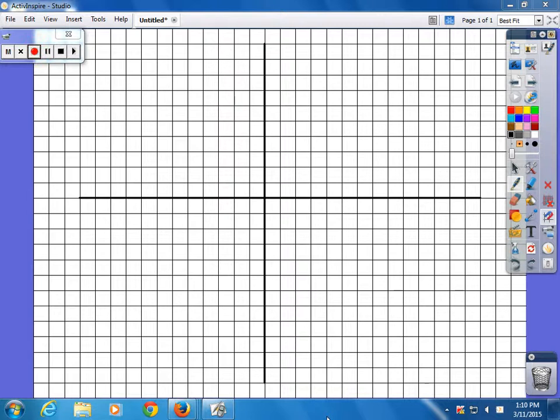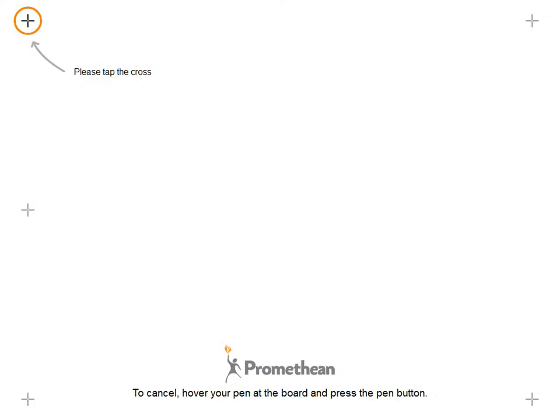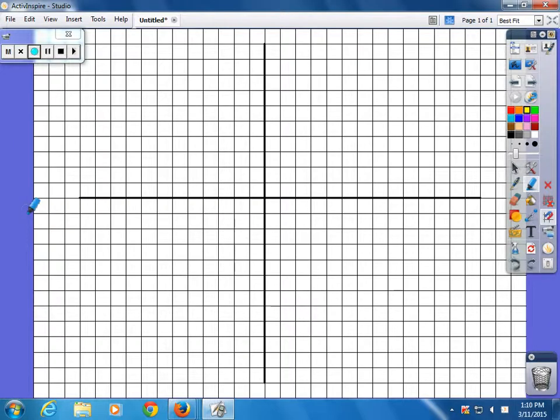The next room does not have a single stylus in it. Got a stylus Nazi. Now we've got a volume Nazi and we've got a stylus Nazi. They take the volume knob off the speakers and they turn all the computers on silent. So whenever you do pull up a video, you have to go through an act of Congress to get sound because of the sound Nazi. That's what the sound Nazi is.